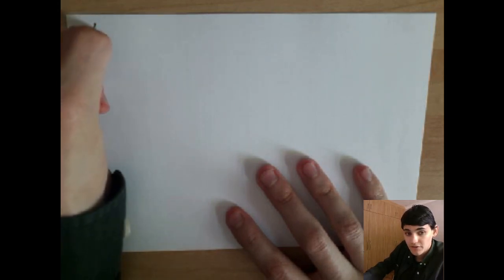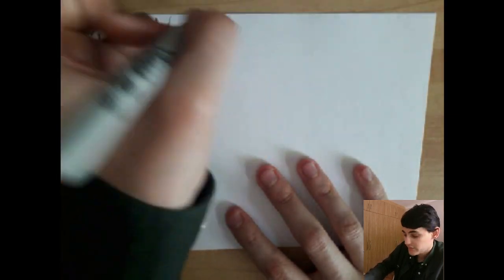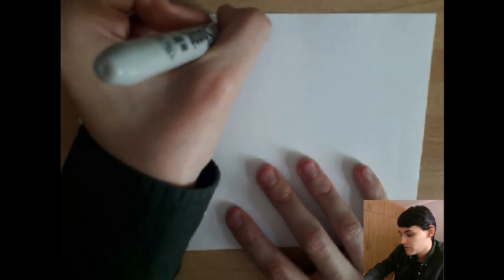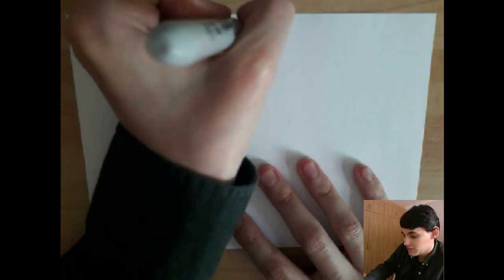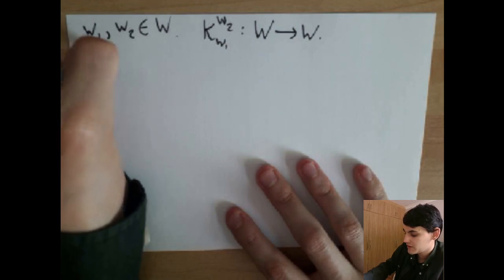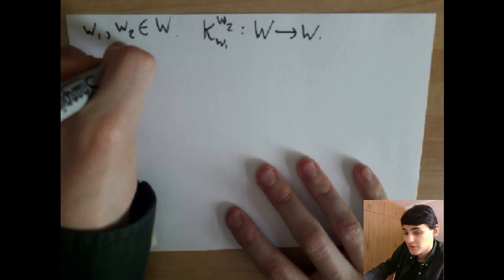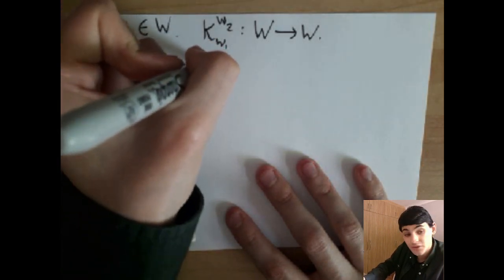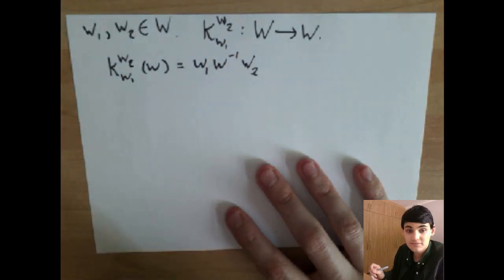So you have W1 and W2 in W. We define a function K from W to W, with W1 and W2 as lower and upper indices. This is defined by K of W1, W2 of some element W equal to W1 W inverse W2.